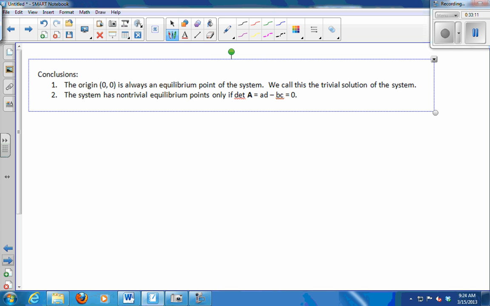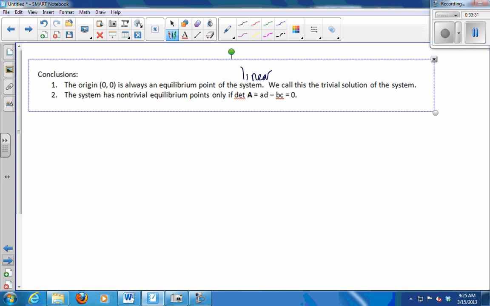Okay, so our conclusion, based on trying to solve that system, is that the origin, 0, 0, is always an equilibrium point of any linear system. We call this the trivial solution: x equals 0 and y equals 0.